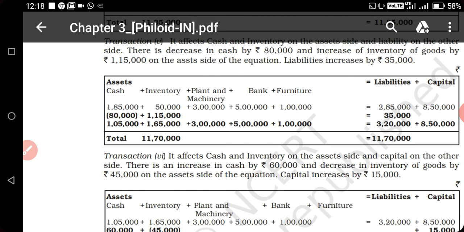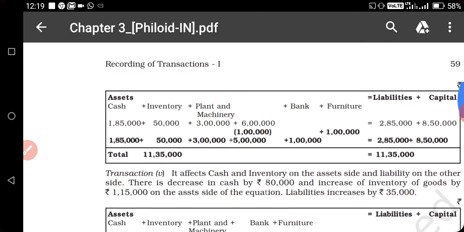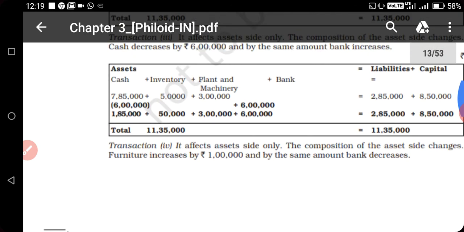We have purchased the goods on credit terms, and this 35,000 will be shown under the title of liabilities, because our liability has increased. We have to make the payment in future, so you have to show it under liabilities. So our total assets after this transaction are 11,70,000, and liability and capital 11,70,000.